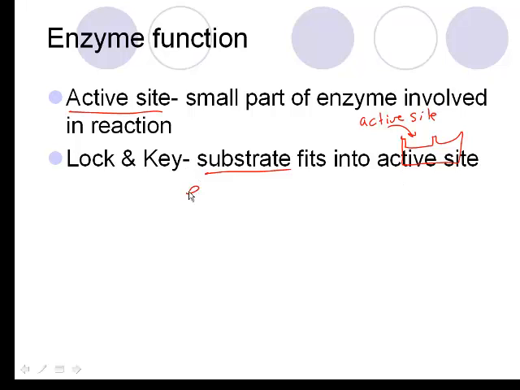Each enzyme will have specific molecules that it is going to break down. So for example, something like lactase, which breaks down lactose, like in milk, will not break down sucrose. It's a different enzyme or a different molecule. Okay, so it's very specific.